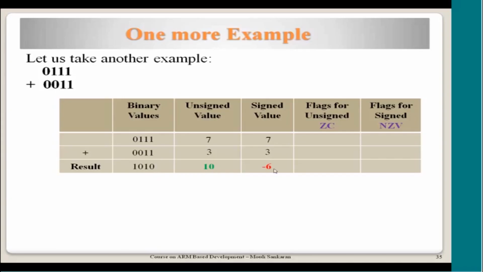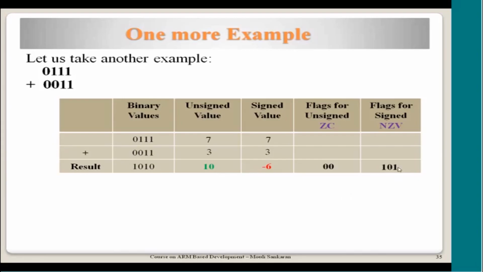Whereas if it is interpreted as a signed value, we consider it a negative number, and then we extract this number from a 2's complement representation. Now we get the -6 value. Now if you do the arithmetic and then apply the XOR operation that I told you in the previous slide, you will be able to get the value of the overflow flag. Now you see that the overflow flag is set here.